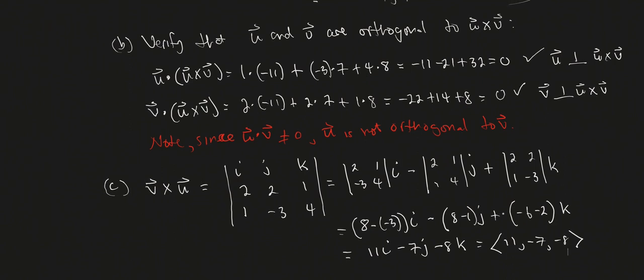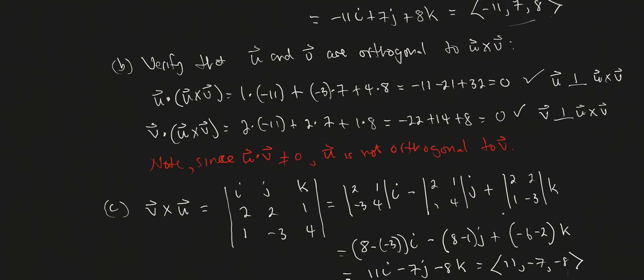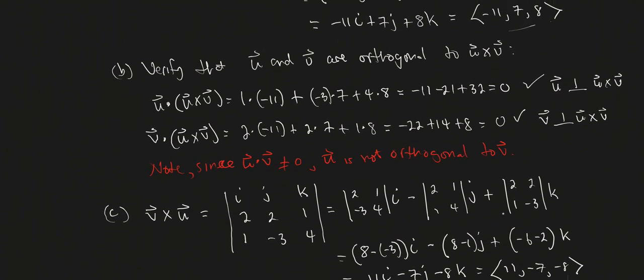Now, look back here at this is u cross v here. So this is u cross v. And then this is v cross u. What do we notice about the relationship between these two? They're actually the one vector is the negative of the other vector.